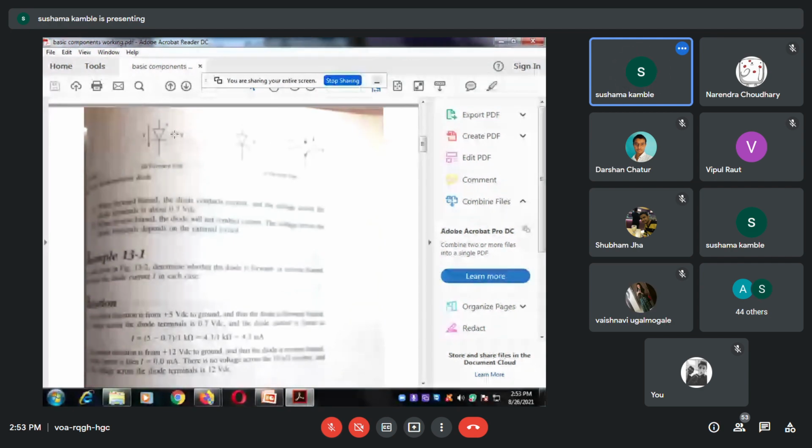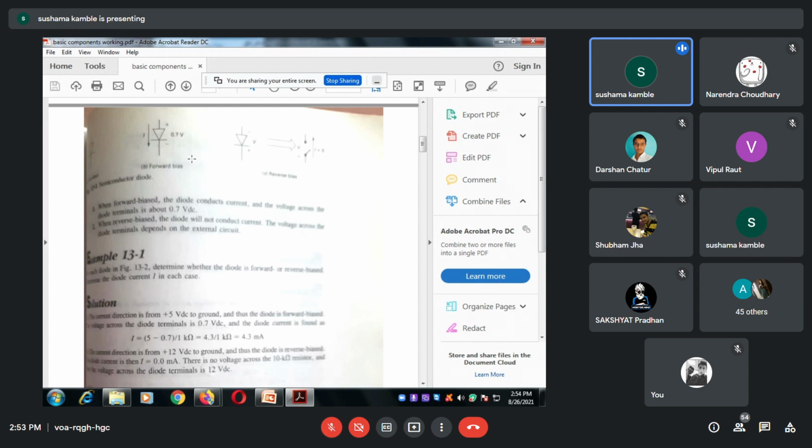When the diode is forward biased, it will conduct. When it is reverse biased, it is not going to conduct.